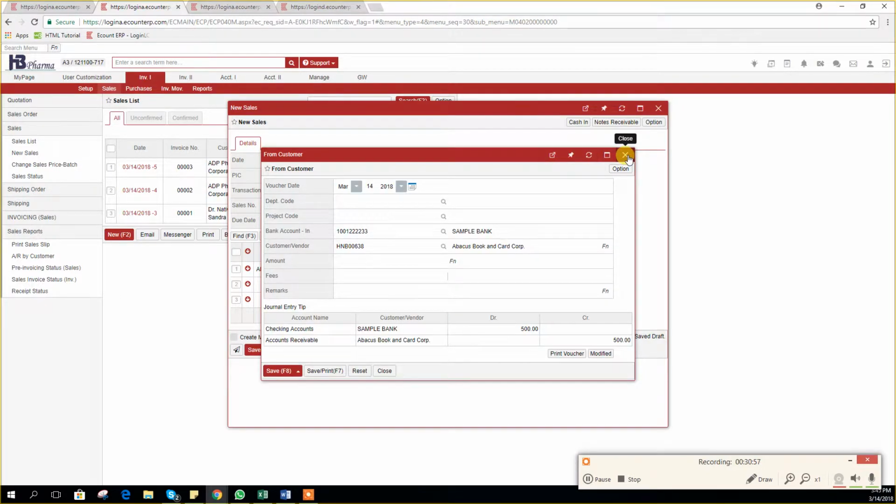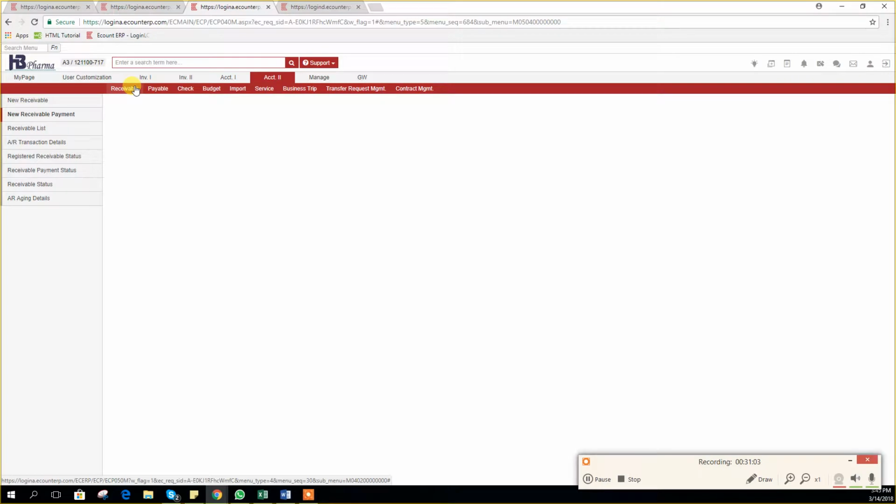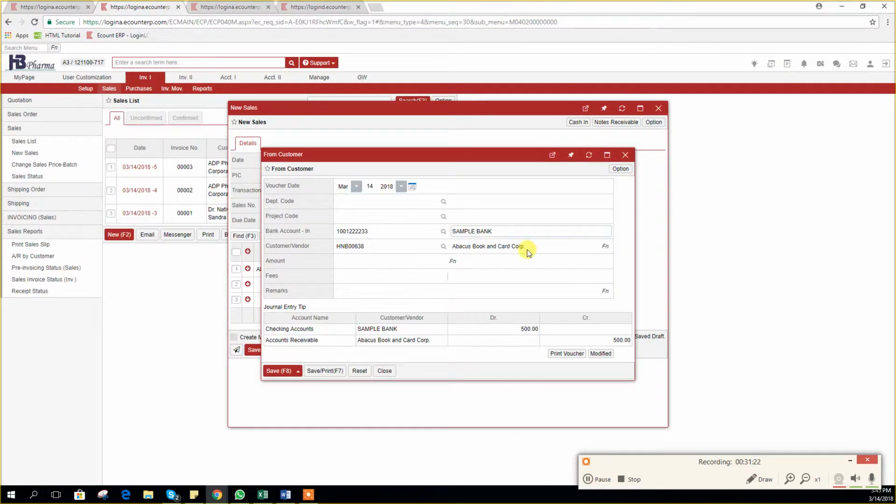So do you think this is going to come up in receivables? No, because when you already receive the cash, 100% cash, why should they pay you? You already received the money.